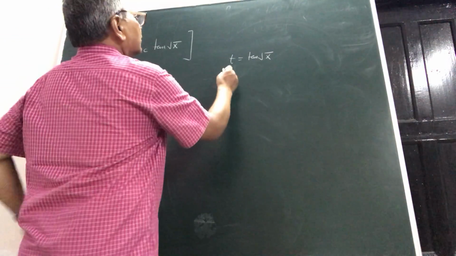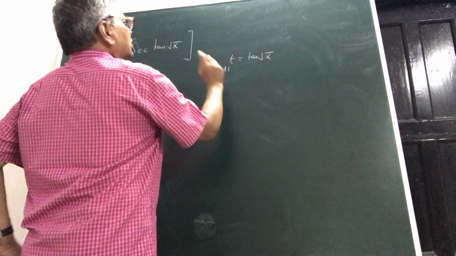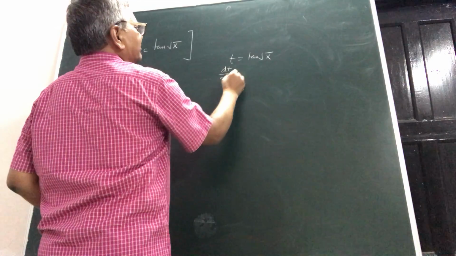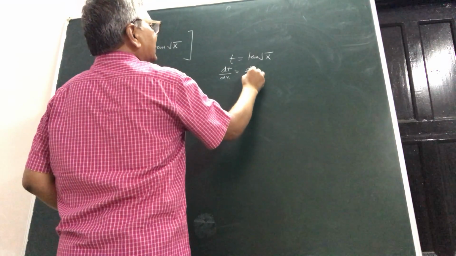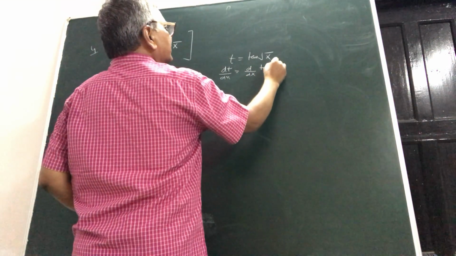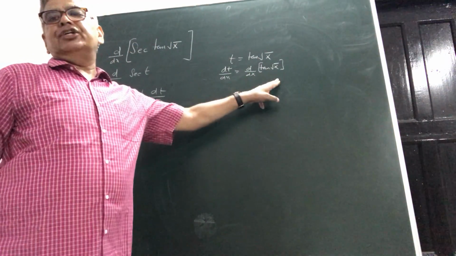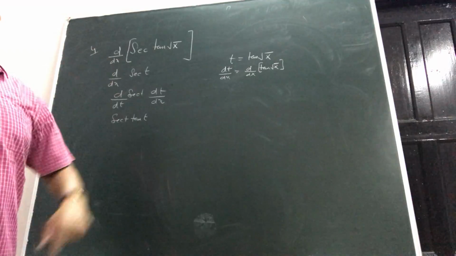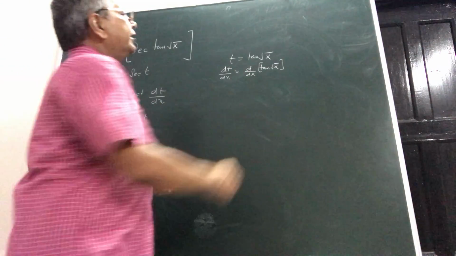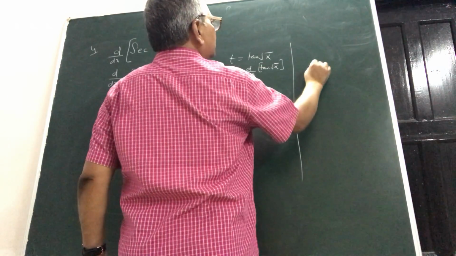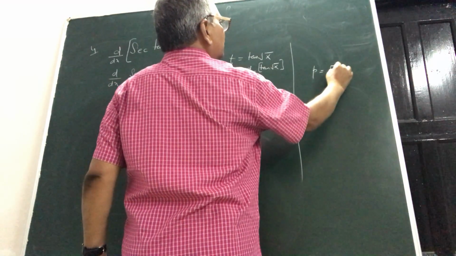Here. For calculating dt by dx, see again what you have to do. dt by dx is equal to d by dx of tan root x. Now please see, here again it is a function of function. So what you need to do is, you will put p is equal to root x.